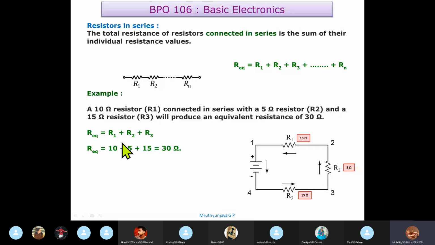If you want to apply, let's say, Ohm's law, I want you to calculate the current. If the voltage is 30 volts in this circuit, what would be the current flowing in this circuit? Quickly calculate and then respond back.